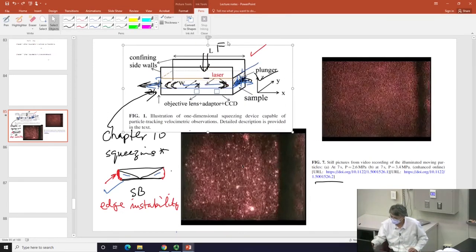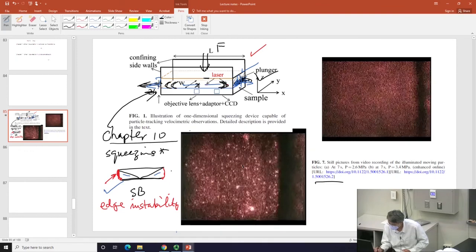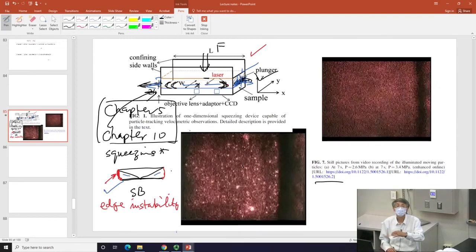Okay, so this force, through the analysis in chapter 10, as well as chapter 5, when we discussed, I omitted all this. When we discussed this geometry, this force can be all translated into a shear stress through the mathematical formulas.